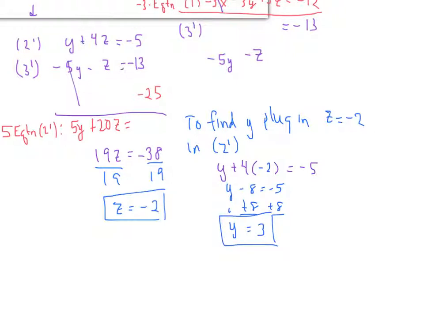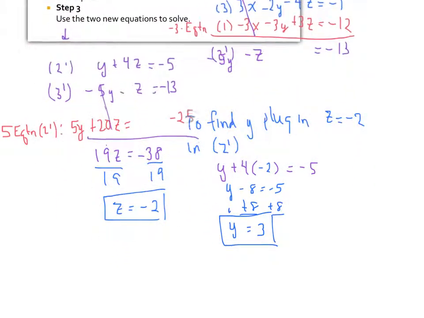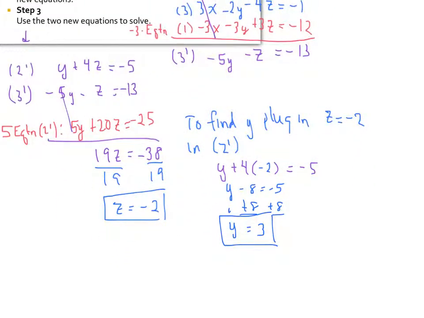Very nice, we got 2. So now I need to find x, that's the last thing. Here I'm going to use the first equation, which is x plus y minus z equals 4. So let me write that down. To find x, plug in z equals -2 and y equals 3 into 1.